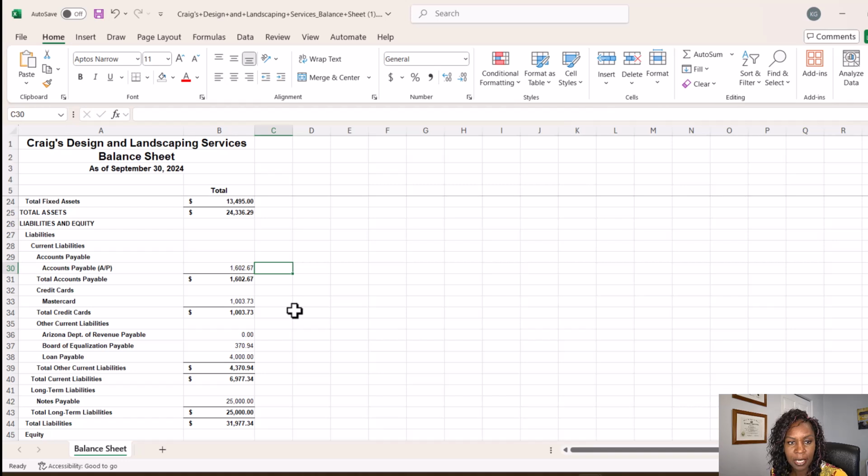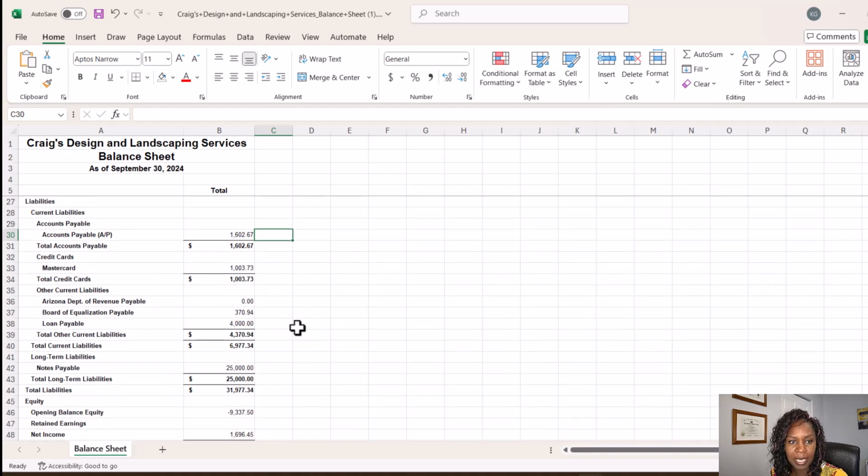Okay. In this case, loan payable, $4,000. Somewhere there should be a description as to what that loan is for and who it's payable to. You should have all that detail, along with notes payable.